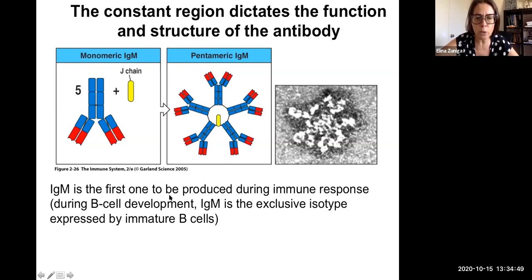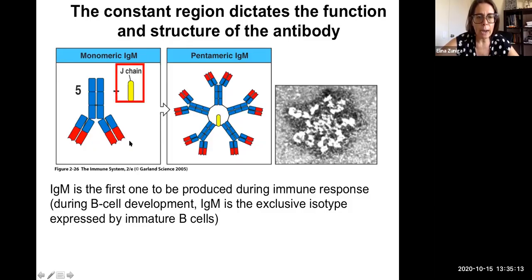IgM is the first one to be produced during an immune response. During B cell development, IgM is the first one to be expressed, and IgM is the exclusive isotype expressed in immature B cells. We will learn in the next couple of lectures where these immature B cells are.